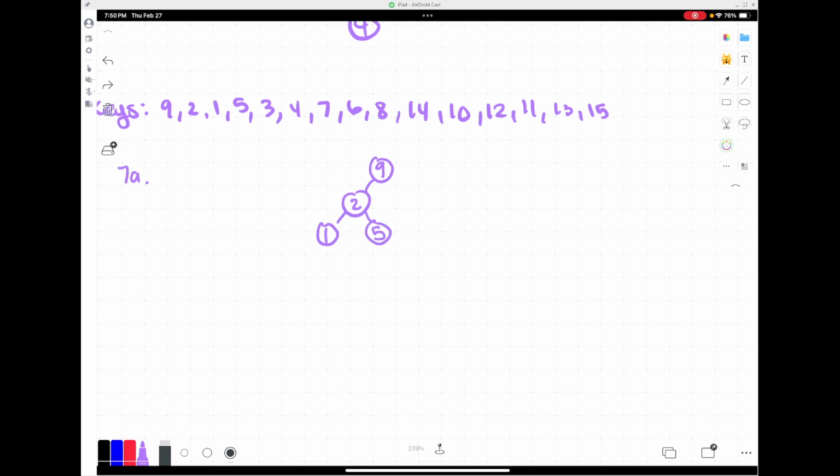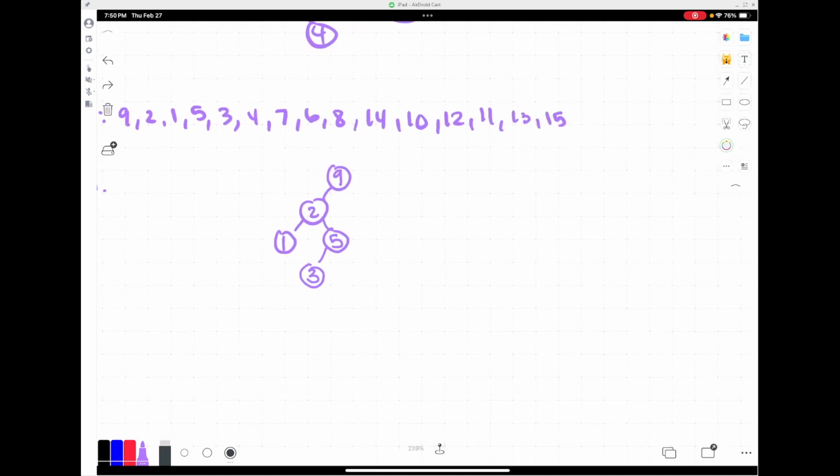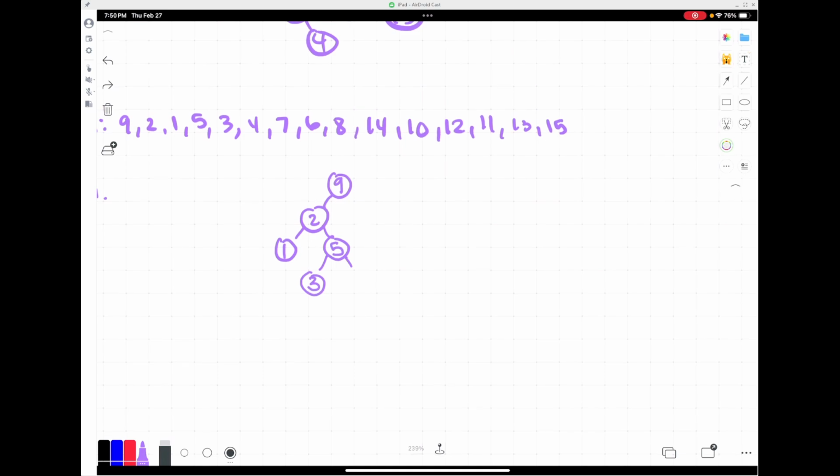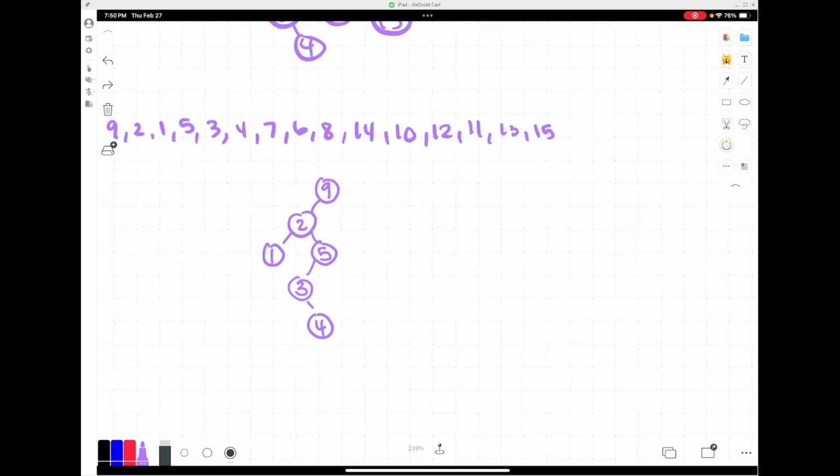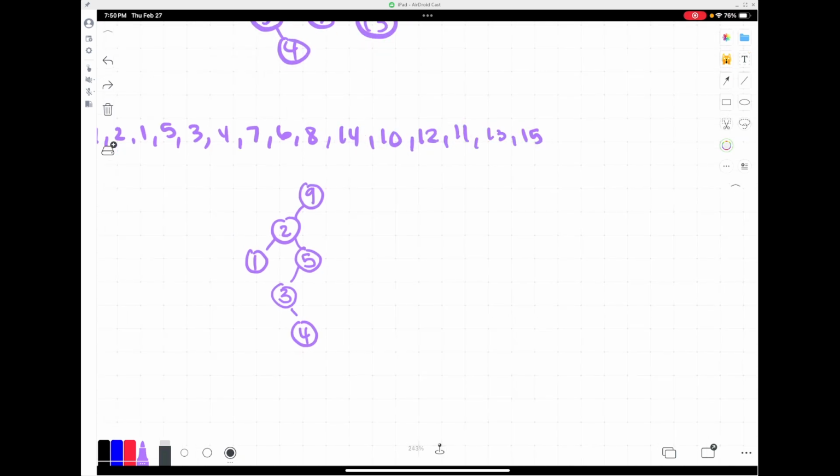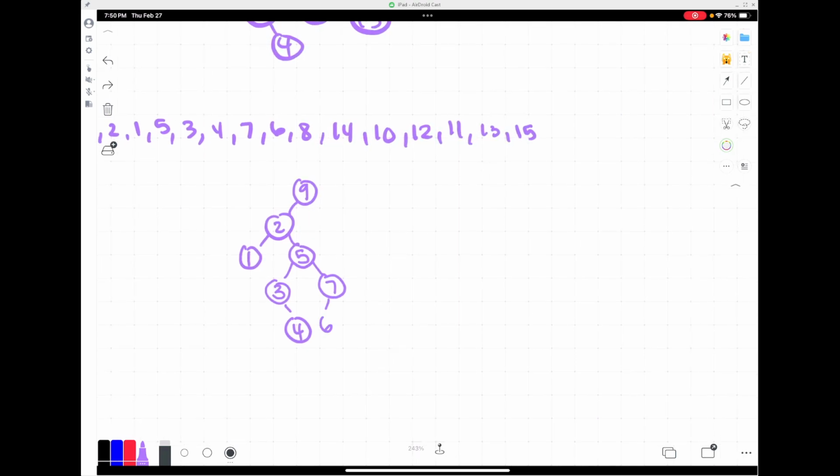And then 3 would be here. And then 4 would be here. And then 7 is going to be here. 6, 8.